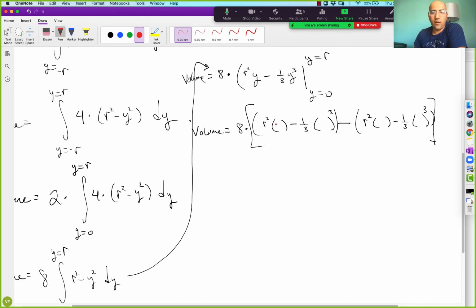And so we had r there, and 0 there, and 0 there. That makes that easy. And so this is going to be r cubed, and we have 1 minus 1/3.